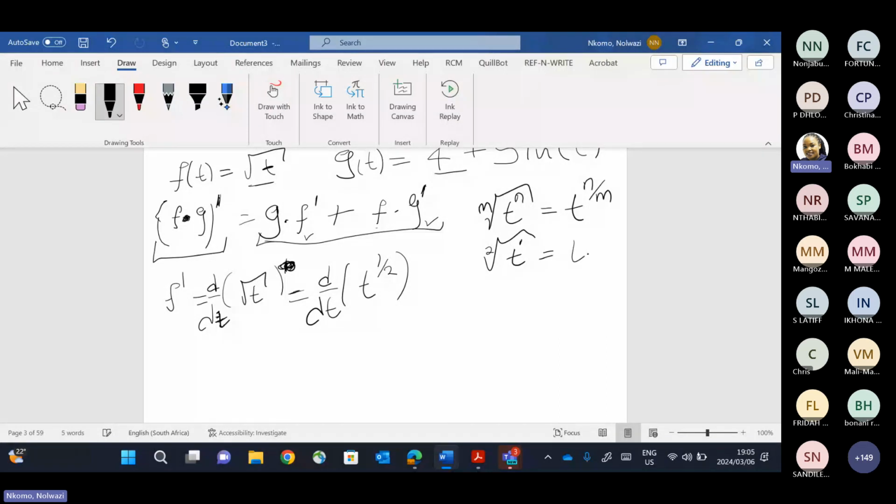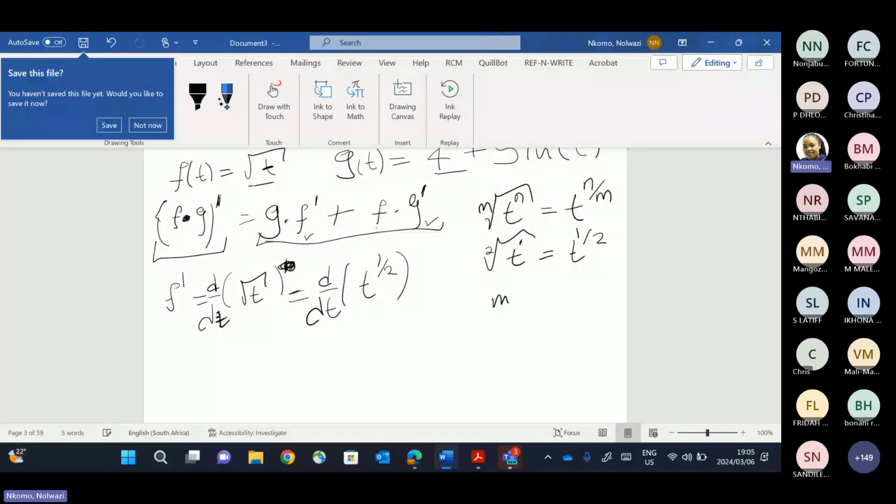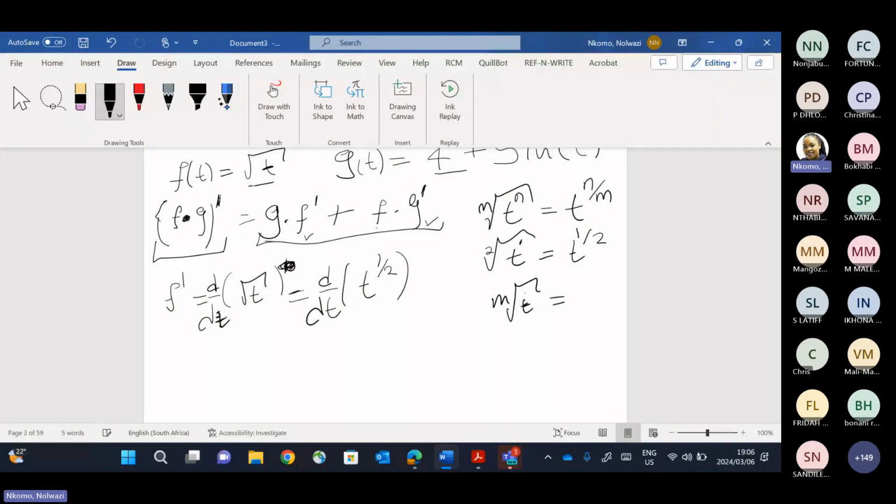If you had something like the m-th root of t, remember I said you assume there is a 1, so it's t to the power 1 over m. If you have the cube root of t, this is the same thing as t to the power 1 over 3. If you have the cube root of t squared, this is the same thing as t to the power 2 over 3. Okay, let's move on.